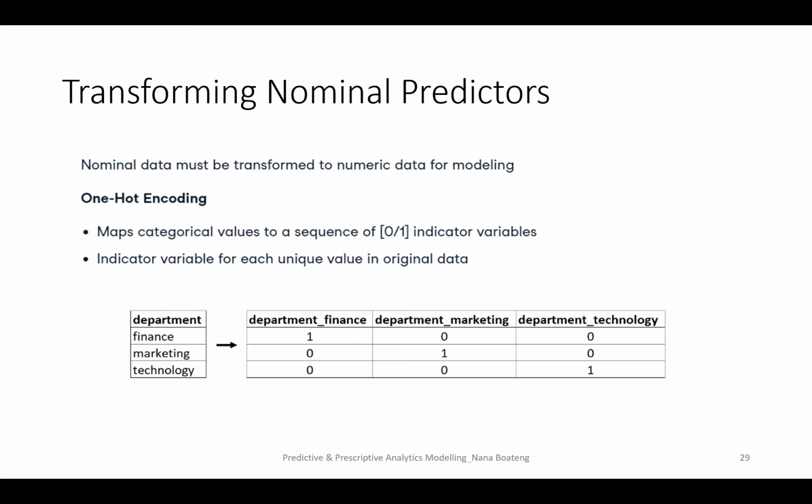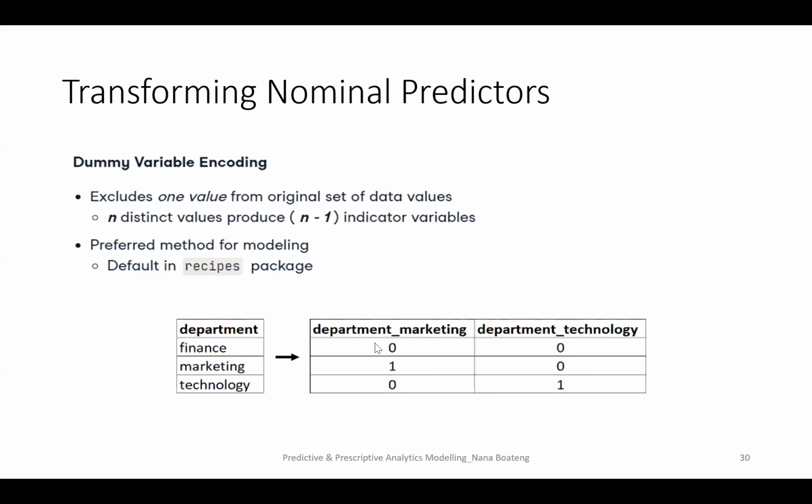Yes. Okay, so that is the idea behind the dummy variable encoding. Okay, so here it reduces the number of columns. Here we have 3 columns. Here we have 2. Okay, so it will fix the first one as 0. Because it is 0, we know that it's finance. All right, and then marketing will be 1, and then technology will be 1.